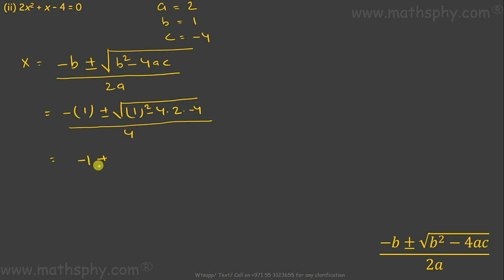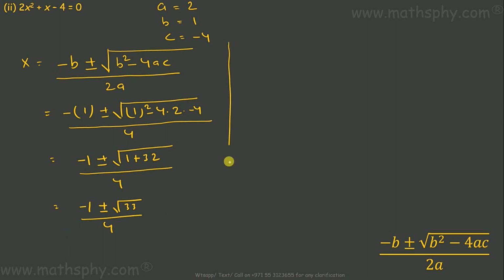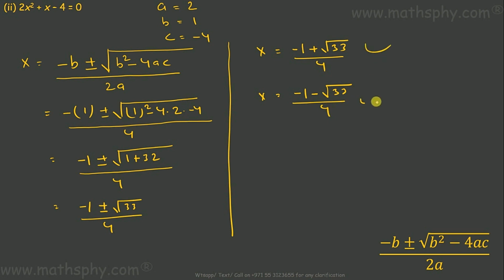So negative 1 plus minus root 1 minus 4 into 2 is 8 into negative 4 is 32, negative negative is plus, so this will be 33 over 4. So x would be negative 1 plus root 33 over 4, and x would be negative 1 minus root 33 over 4. That's the answer here.